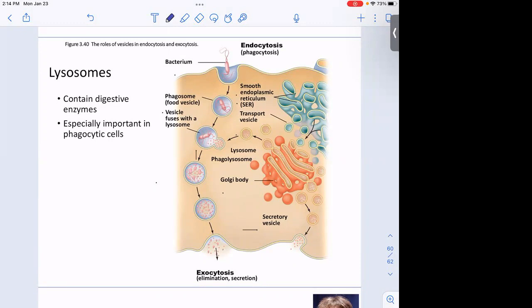Well, it's the lysosomes that fuse with that endosome. Within the lysosome are lots and lots of digestive enzymes that most of the time is going to bring about the death of whatever was endocytosed, if it was a bacteria, for instance. Okay, so lysosomes, again, lots of digestive enzymes in there.